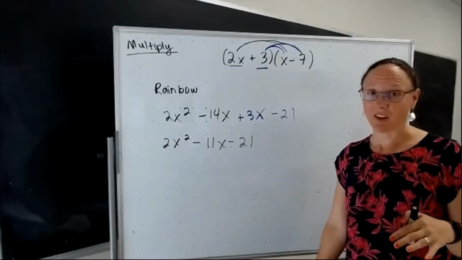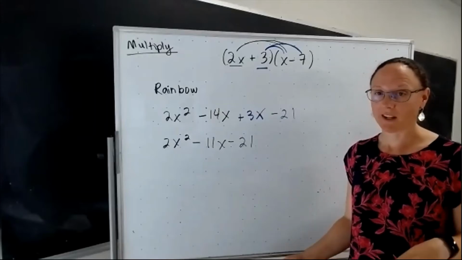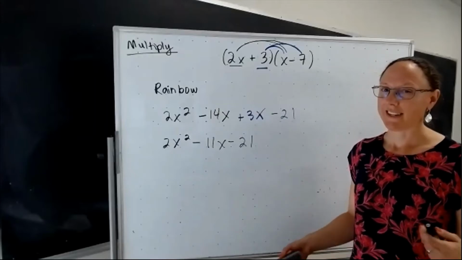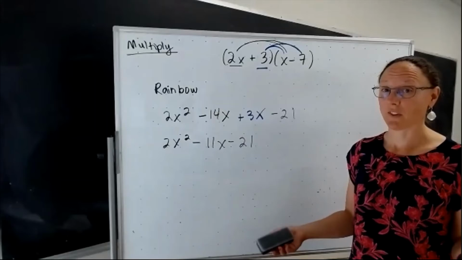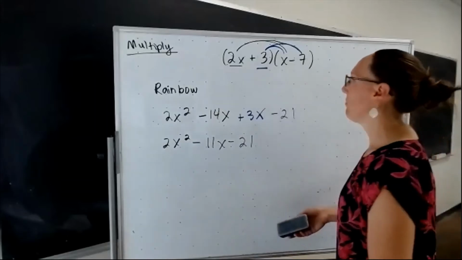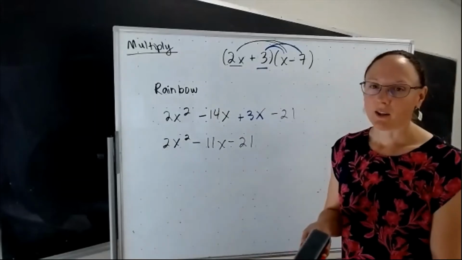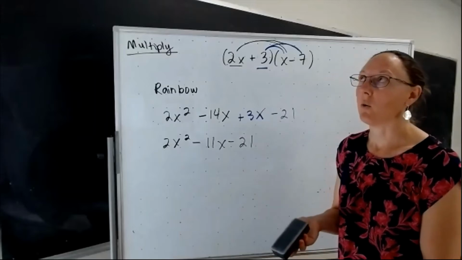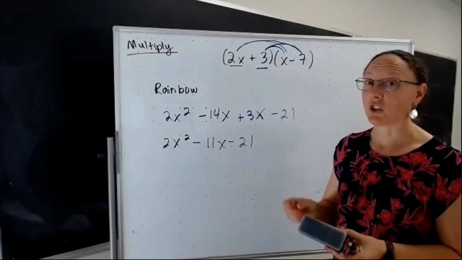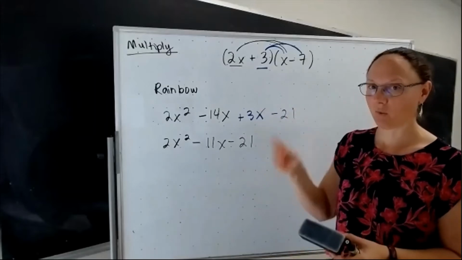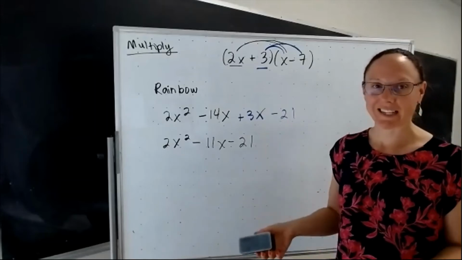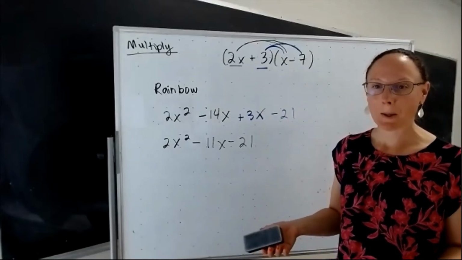The last method I'm going to show you in terms of multiplying stuff out is often referred to as the box or the lattice method. You end up writing a little bit more. So if you are actually not fast with writing, this next method is a little bit more time consuming.